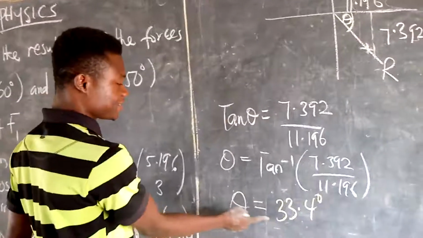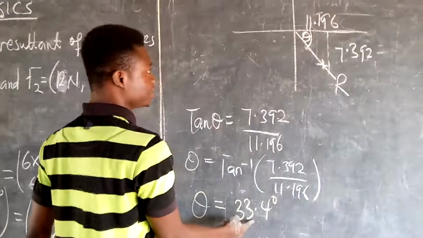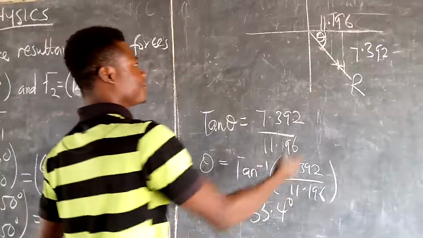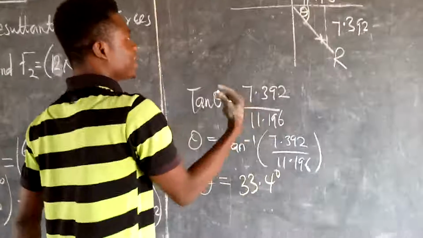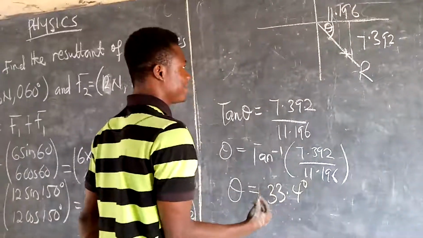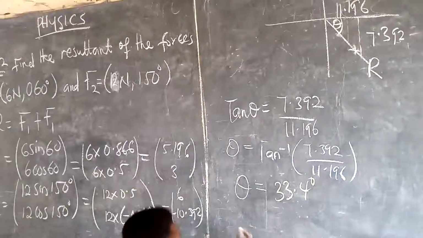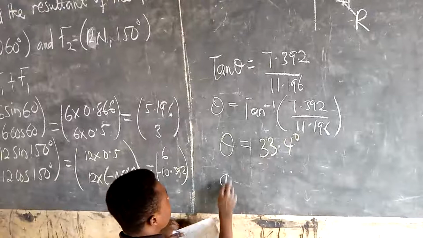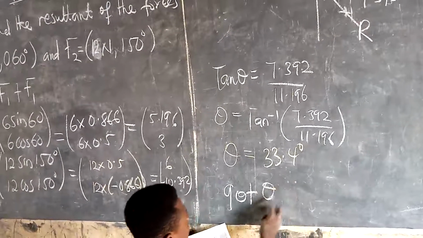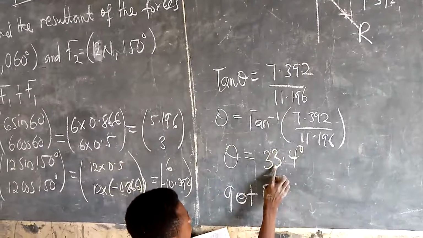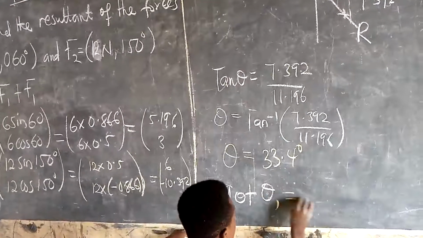So 33.4 degrees, but that is not a bearing. If we take 33.4 degrees, that's not correct, because for bearing, we measure from north in a clockwise direction. So to get the right bearing of this particular arrow, 90 plus theta should give us the answer. Theta is 33.4.